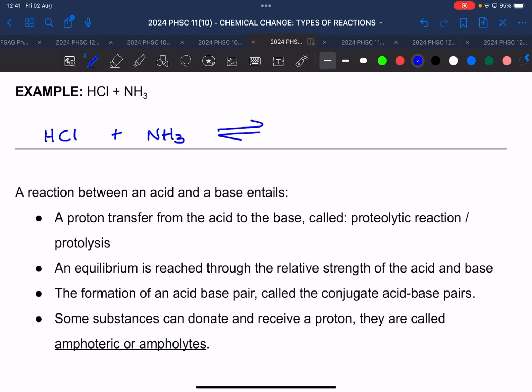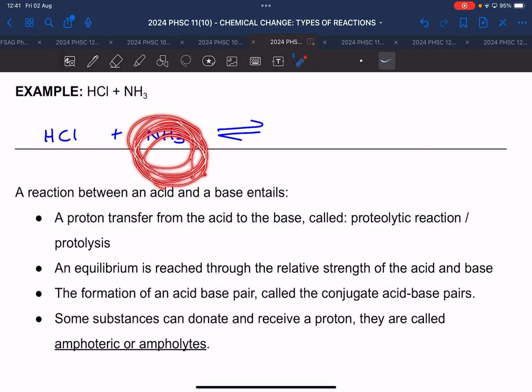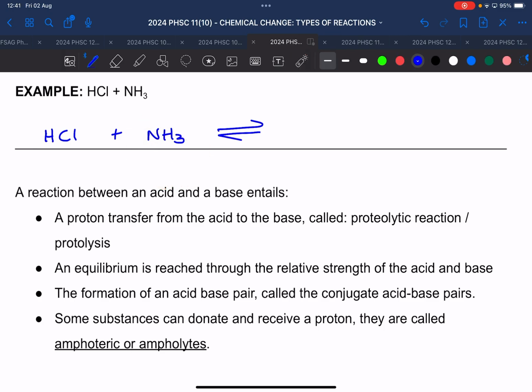Okay, so hydrochloric acid and ammonia. Where do you find ammonia? In cleaning agents, soapy things. So it's a base. Okay, so what will happen here is this hydrogen will go sit on the ammonia so that you get the ammonium ion.